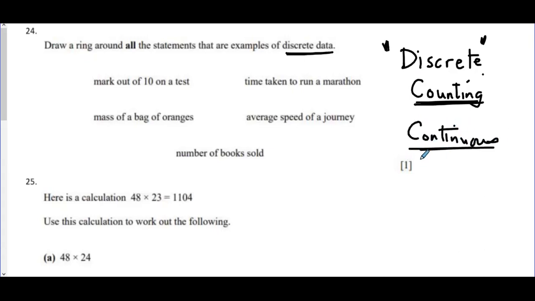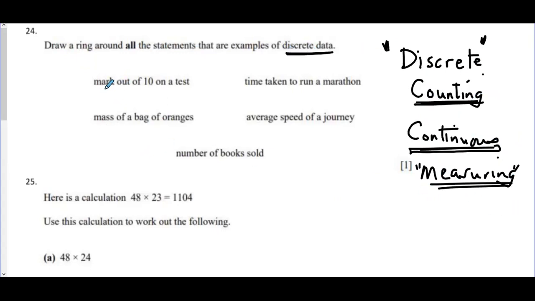Continuous data is the data that we collect after measuring. You see? So these are two different terminologies. Discrete, counting, continuous, measuring. Okay, now let us see which one is which.